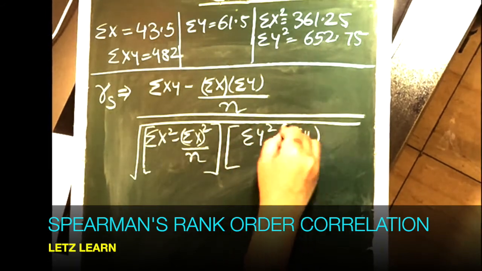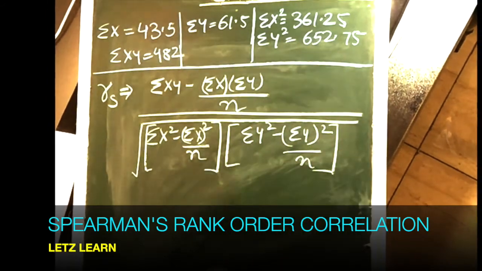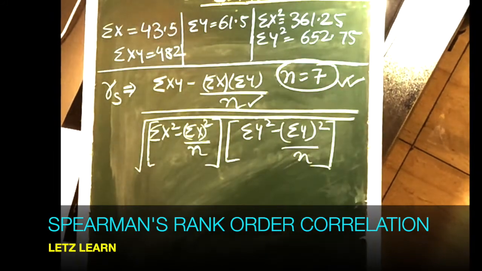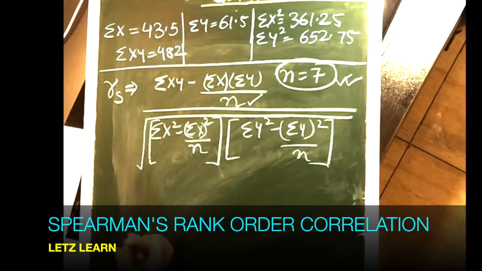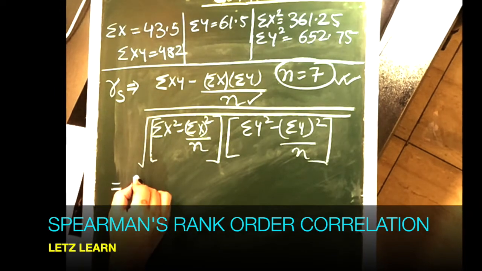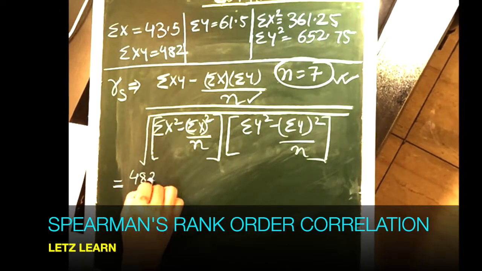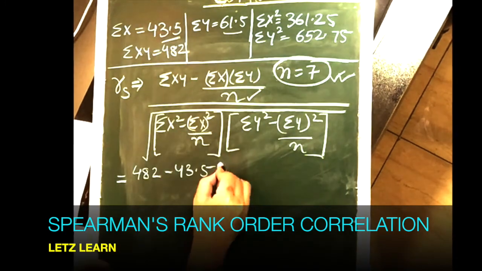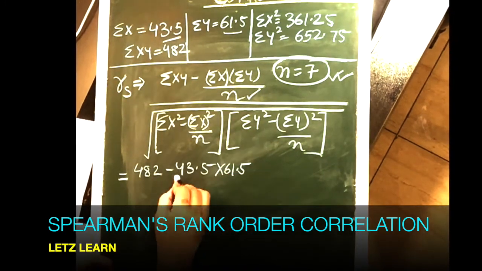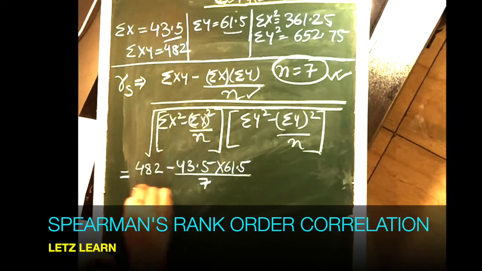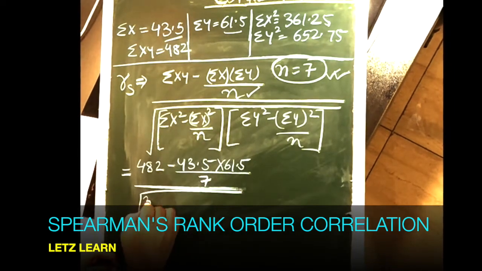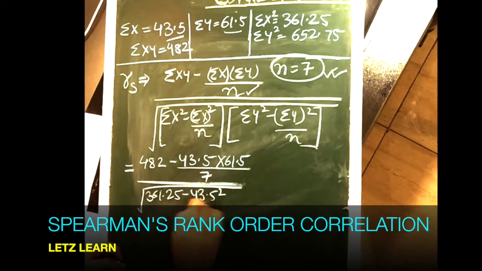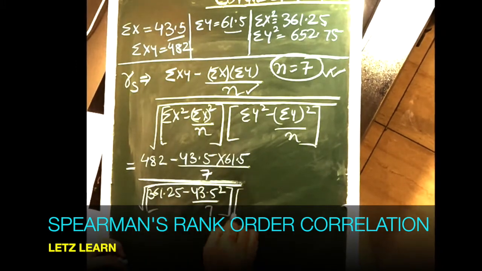Now let's come to the formula of Spearman rank order correlation that we talked about in the first slide. This is the formula that you need to remember. This is very easy if you follow the logic that from sum of xy, you are subtracting sum of x multiplied by sum of y, divided by n, and similarly we are doing with the square of it.